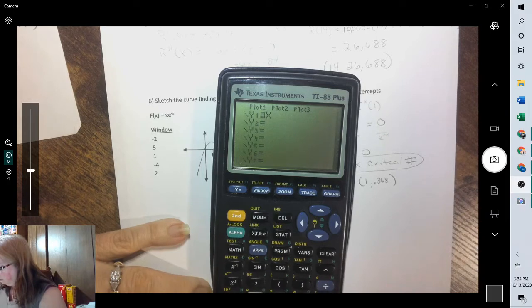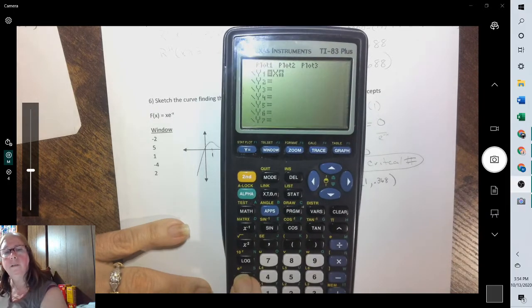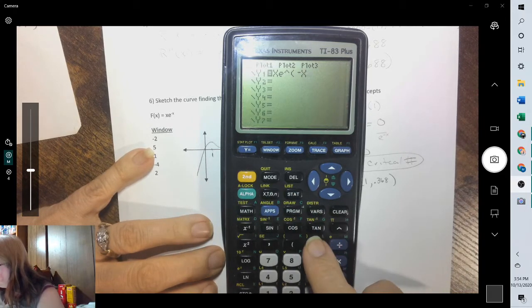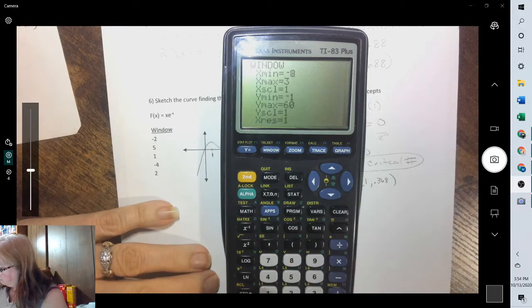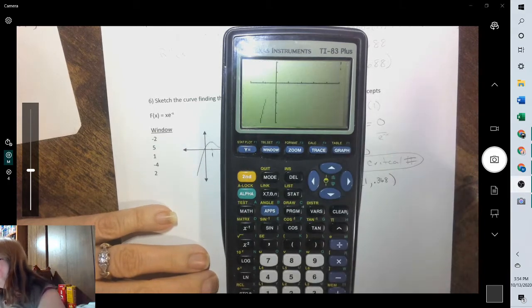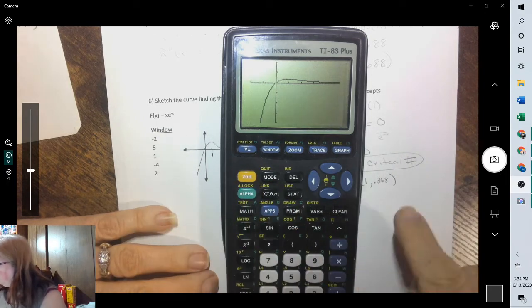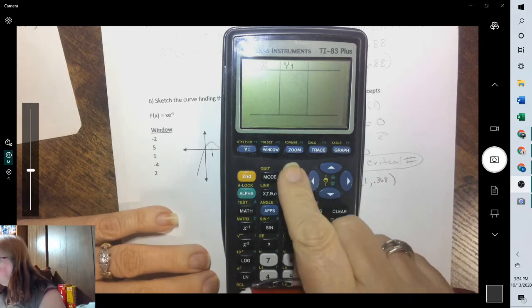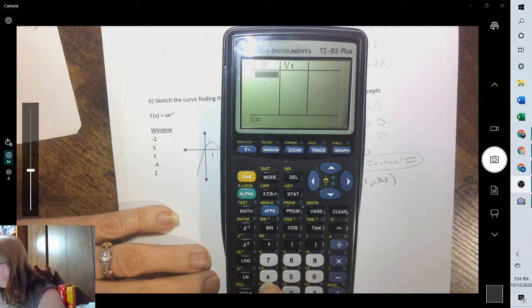I don't think I plugged this one in here yet. The e to the x is down here, and we want a negative x. My window is negative 2, 5, negative 4, 2. And there's our graph. So to find the critical point, we go to Table, I'll delete these, and plug in a 1.